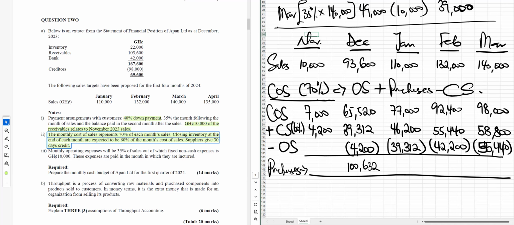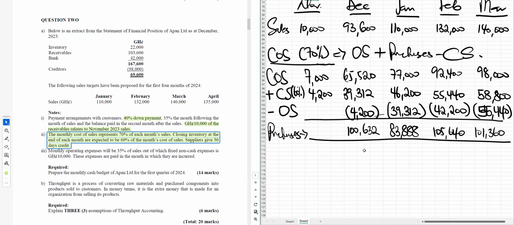Then January, 83,888. Then 105,640. 98,000 plus 58,800. 55,440. 101,360. That's the purchases.